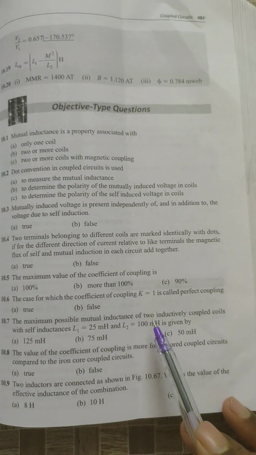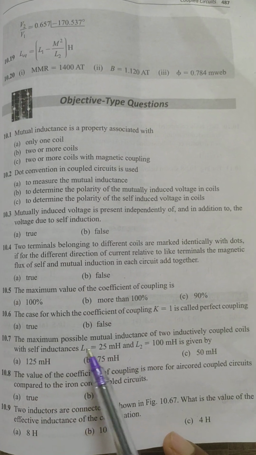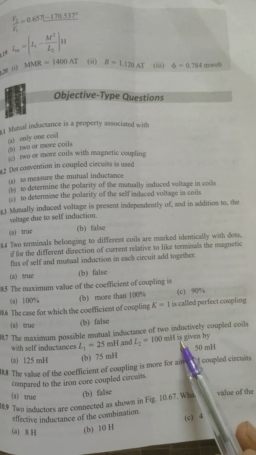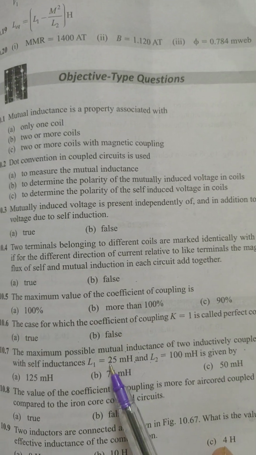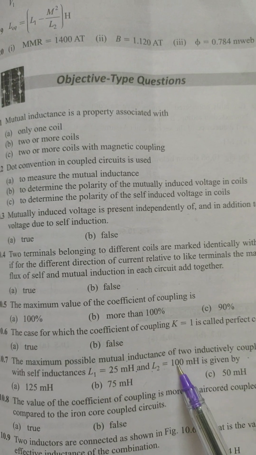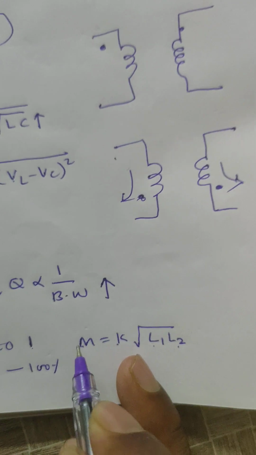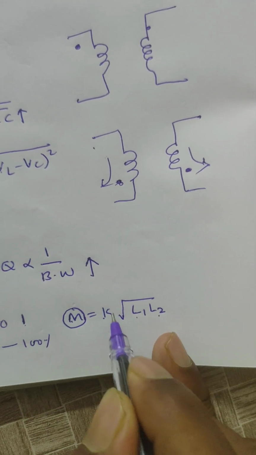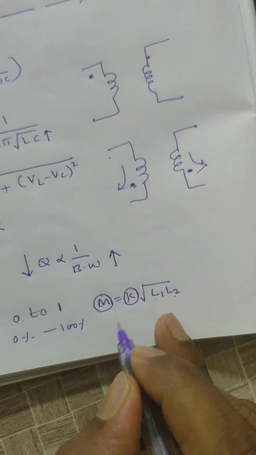Next, the maximum possible mutual inductance of two inductively coupled coils with self inductances L1 equal to 25 millihenry and L2 equal to 100 millihenry is given by... Okay, what is given? The L1 value is given, the L2 value is given, right? What is the maximum possible mutual inductance? Maximum mutual inductance is possible when the k value equals 1, right?